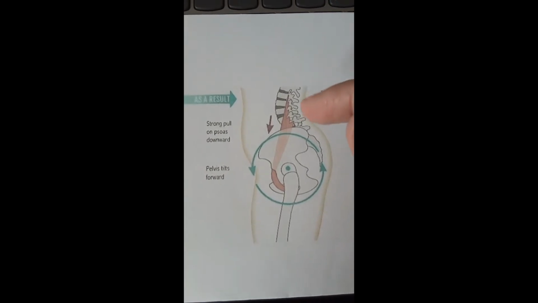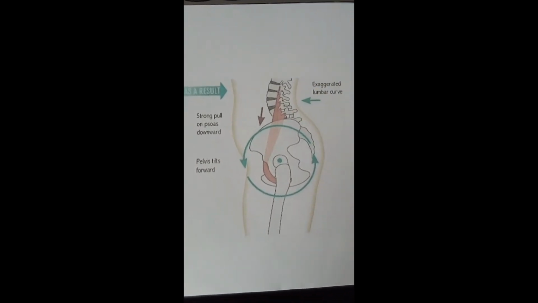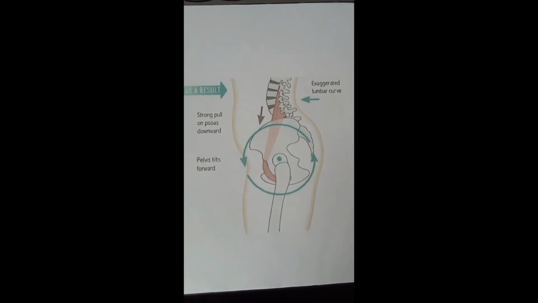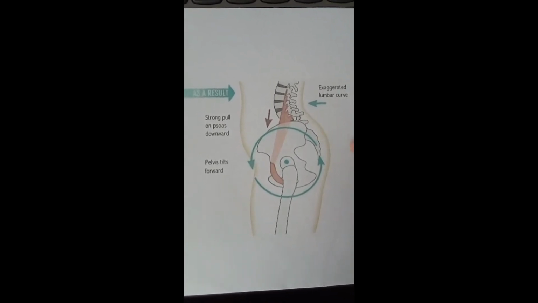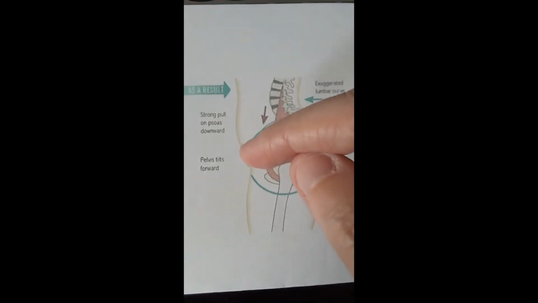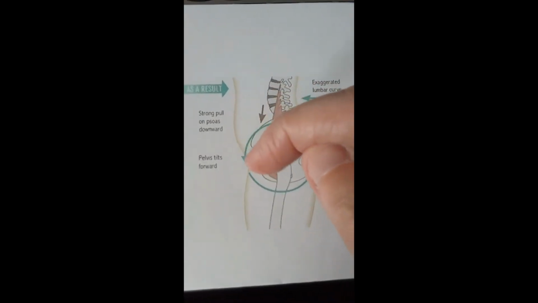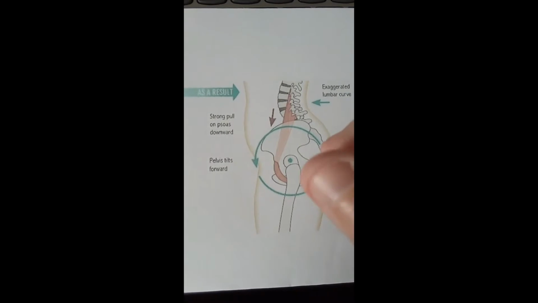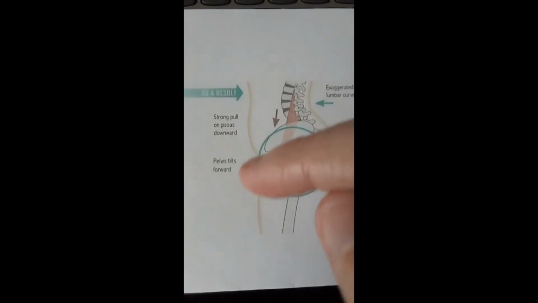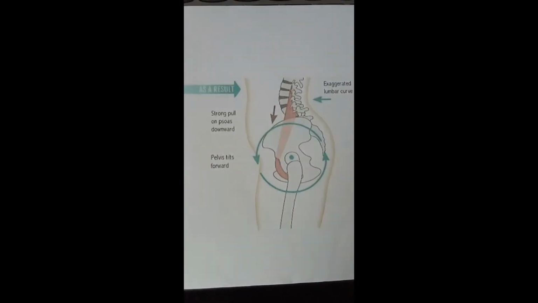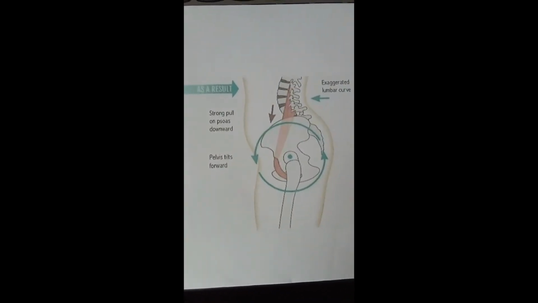And that exaggerated lumbar curve is really going to promote lower back pain. And alongside these two things, you're also going to get a protruding stomach, where that curve has been accentuated, and also where the abdominal muscles are weakened.